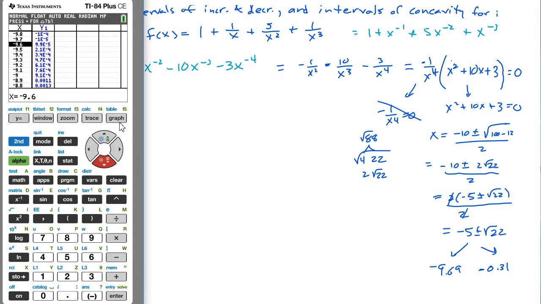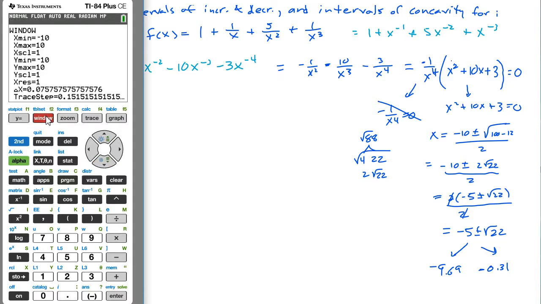If I want to see that zero a little better, just to give myself a little more confidence, I can go to Window, and notice we're supposed to have a zero way out near negative 10, so I might make my x min like negative 15 or something like that, just so I can go a little bit past it. Then I have to zoom in tight around the x-axis, so I'm going to change my y max and y min a little bit.